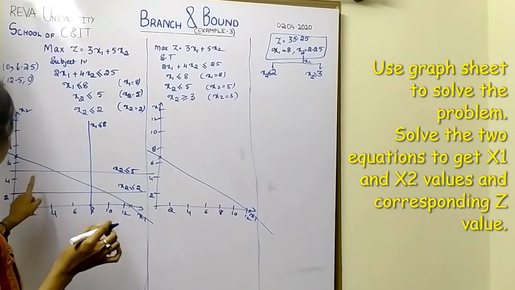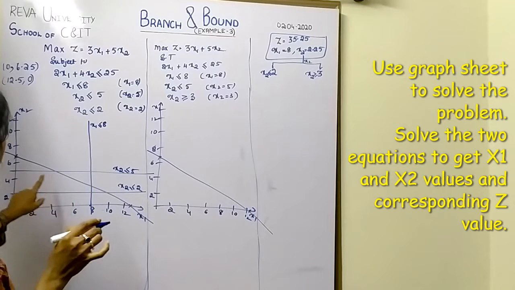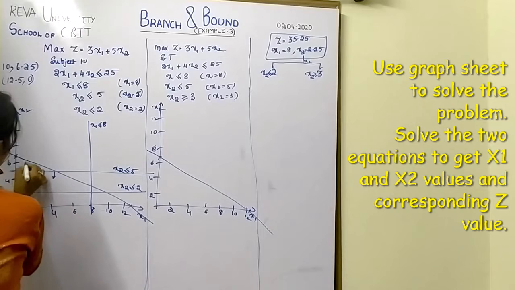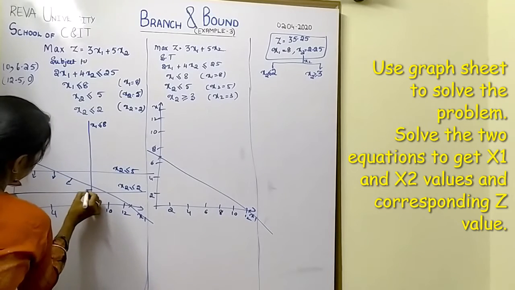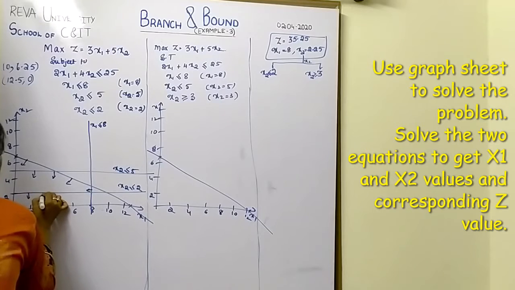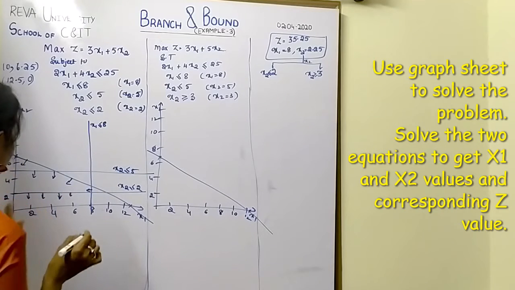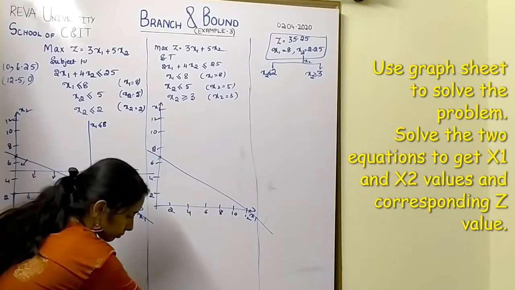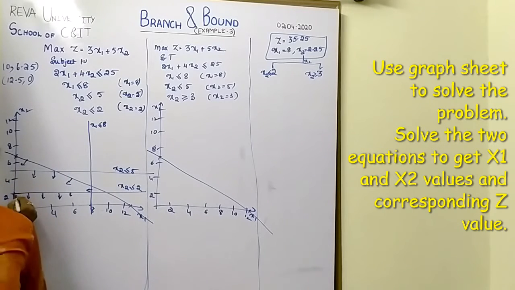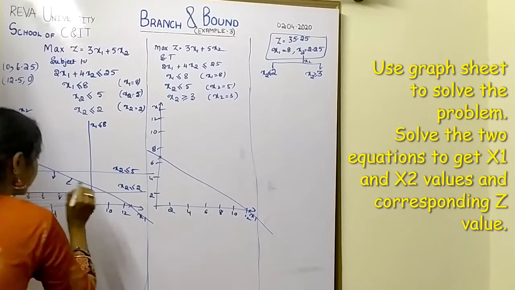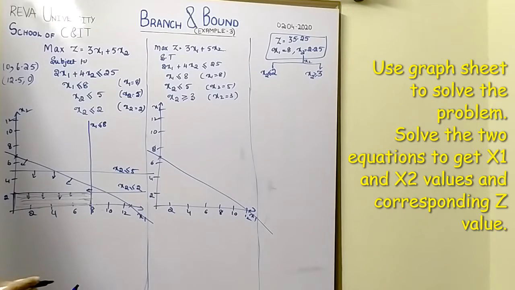Okay, now decide which is the feasible region. See, x2 is less than or equal to 5, so it should be within this. So what is the region you will get? Only this region as a feasible region.